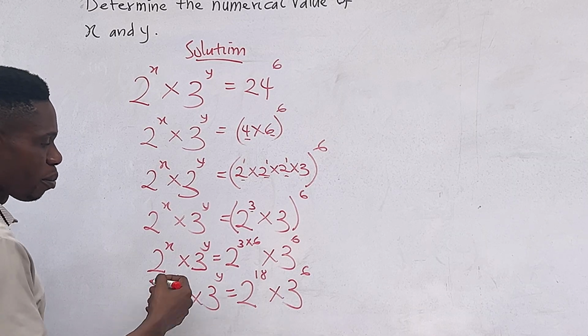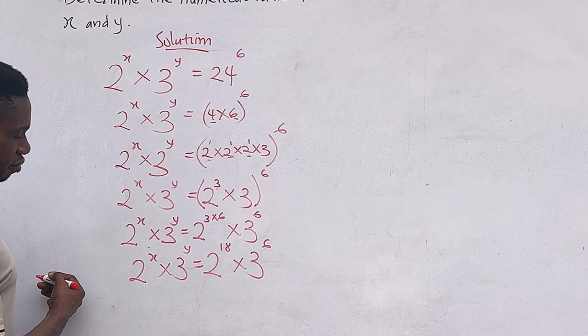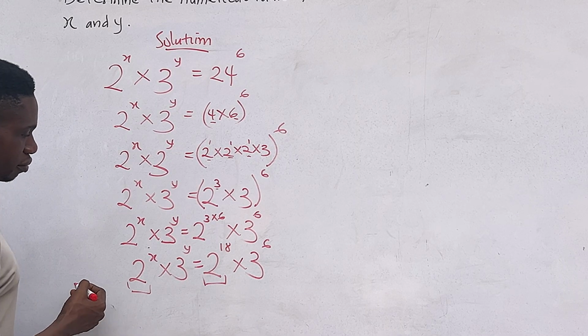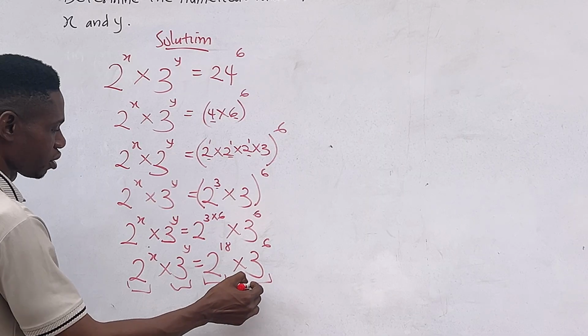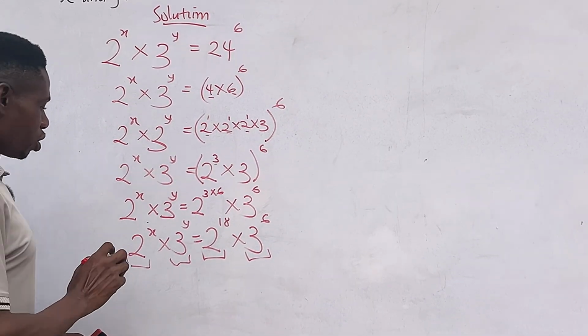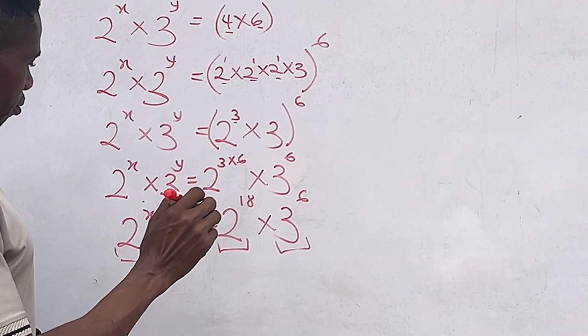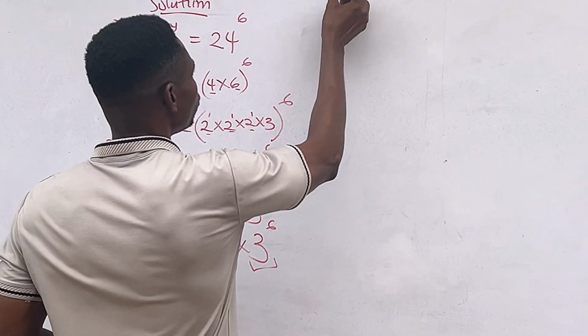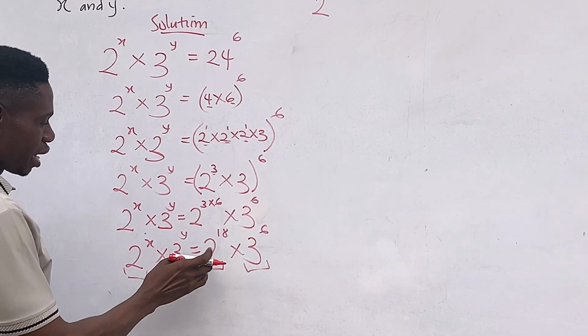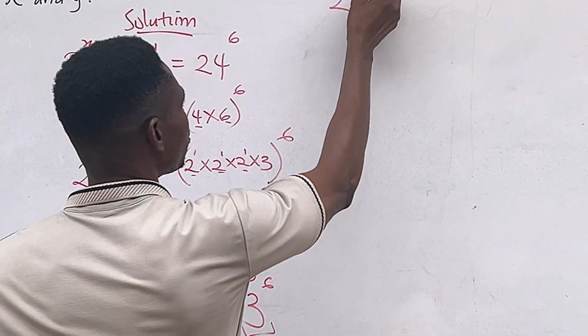Now if we compare both sides, this is similar to this, and this is similar to this. So by implication, let's put it this way. Looking at the similarity, 2 raised to the power x is similar to 2 raised to the power 18.